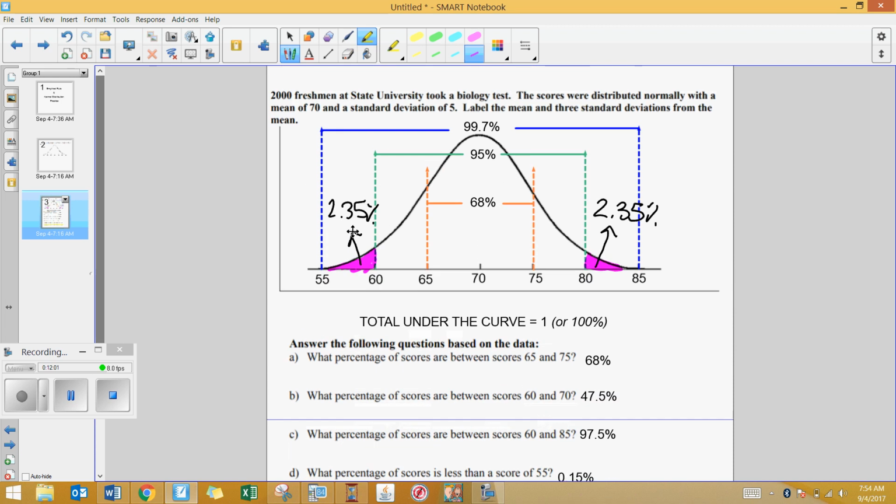Well, 2.35% of students scored between 55 and 60. That's 2.35%. And then we had a total of 2,000 freshmen who took the test. So all we have to do is find 2.35% of that total 2,000.